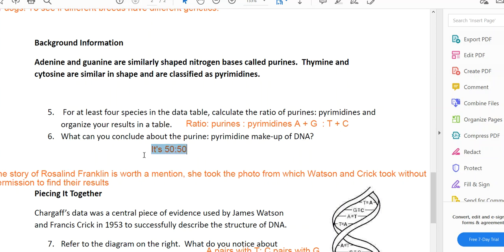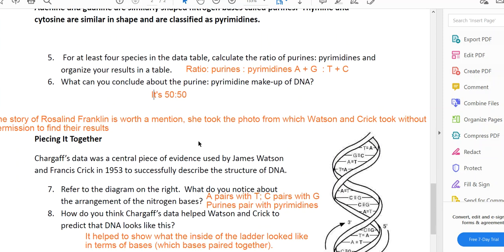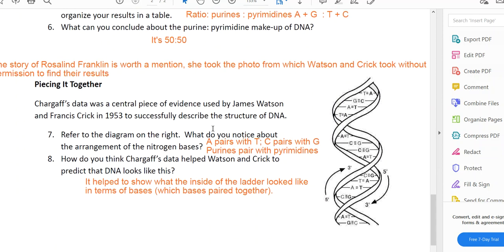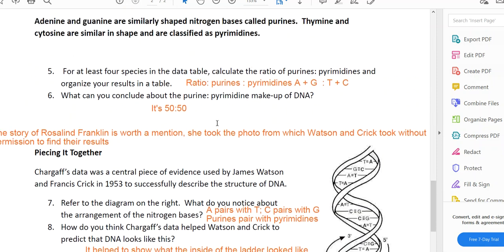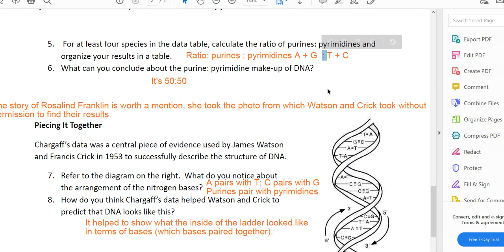So then what can you conclude about the purine pyrimidine makeup of DNA? It's about 50-50. Okay. So she just wants us to do the actual math, not an algebra equation like you have here, and then tell us that it's a 50-50 ratio. Right, exactly. Okay, so that's what she's telling us.